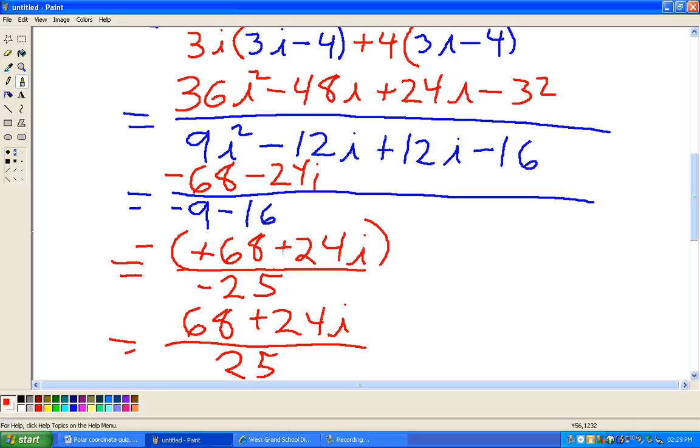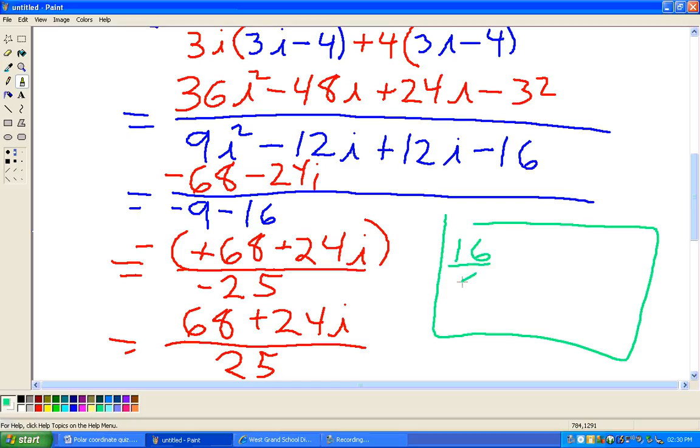Can you answer my question from a long time ago? Why can't you just do simple division? Because it doesn't work that way. Let me ask this. What's 16 divided by 8?